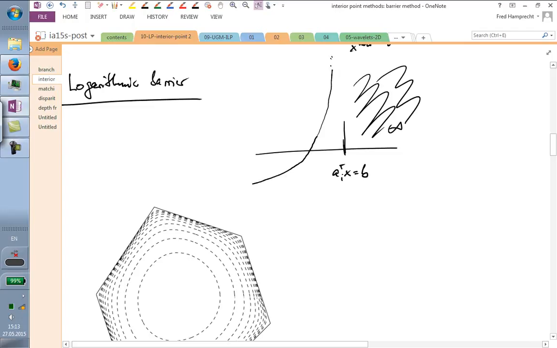And the barrier used here is the negative logarithm, and we have one barrier per constraint. And now we sum all of these potentials coming from the different walls of the polyhedron, we sum all of them up.